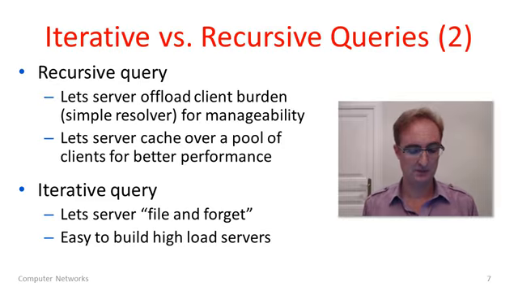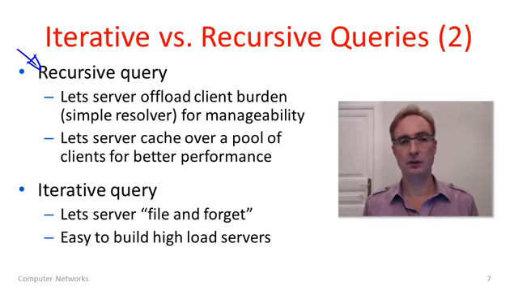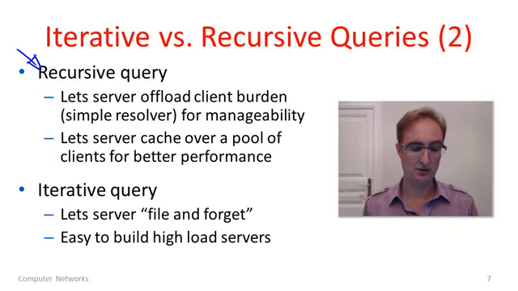So here's the answer. There are advantages to both, of course. That's why we're going to have both. What are they? Well, the advantage of a recursive query is that it lets one party offload administration and work for another party. So the recursive query here lets the local name server offload a burden from the client.